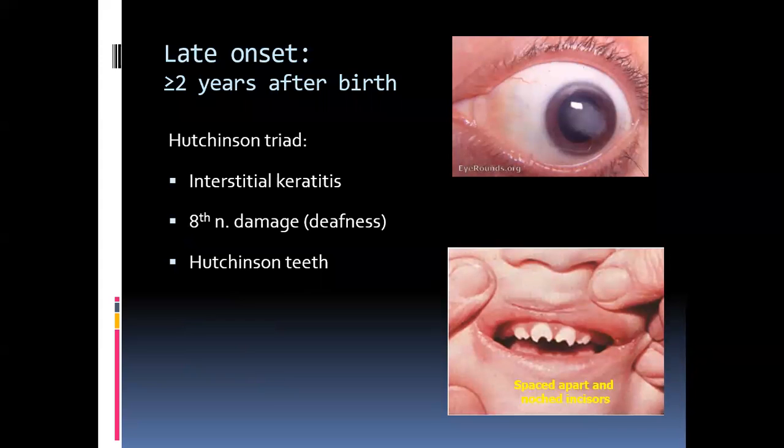There is also a late onset of the disease. Most probably there is Hutchinson's triad. First of all, there is interstitial keratitis and other damage, and also other features like Hutchinson's teeth.